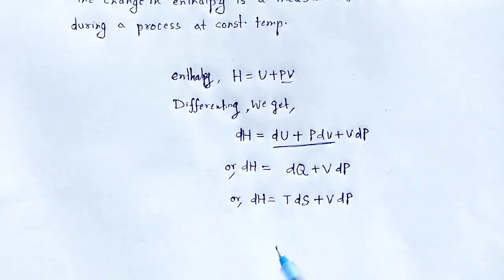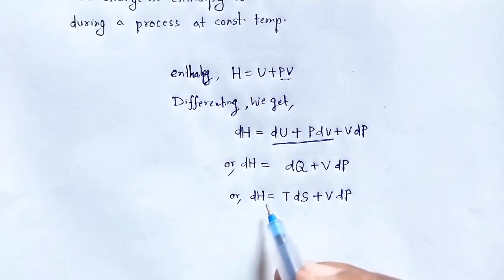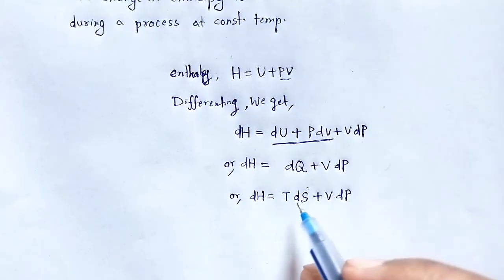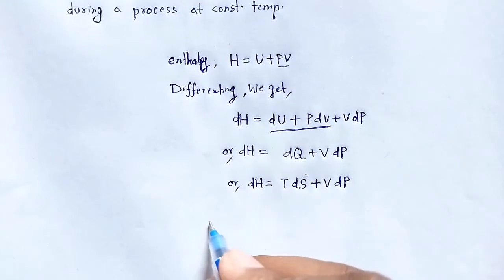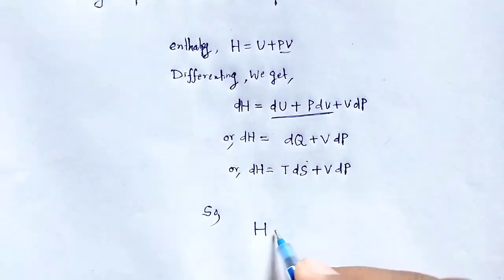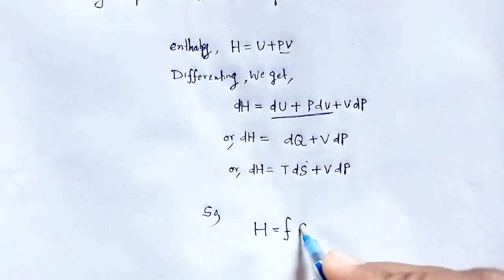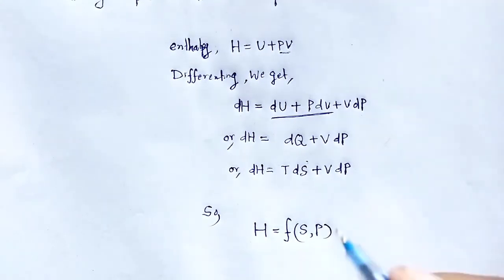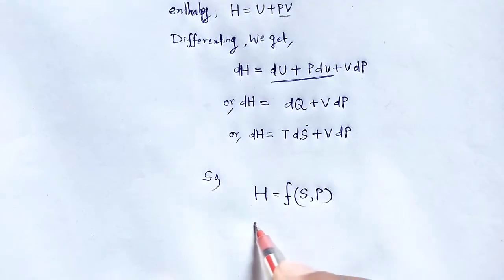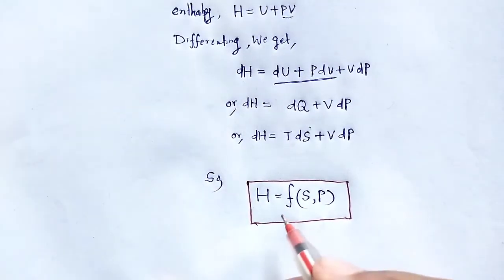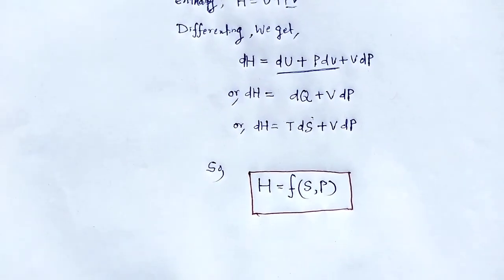Look at that particular equation. H is a function of S and P, that means change in entropy and change in pressure. So enthalpy H is a function of S and P. Again we have two partial differentials here.